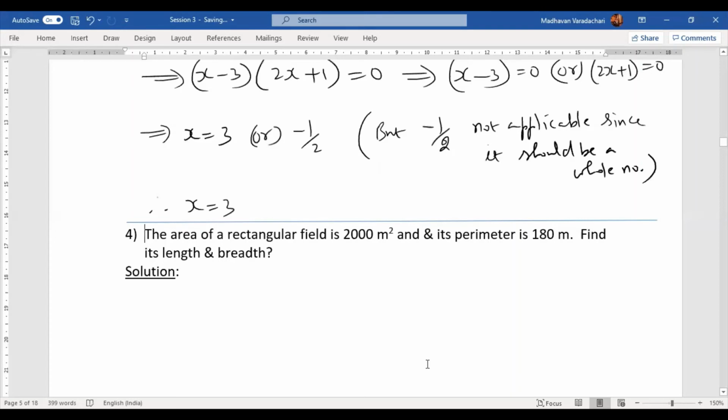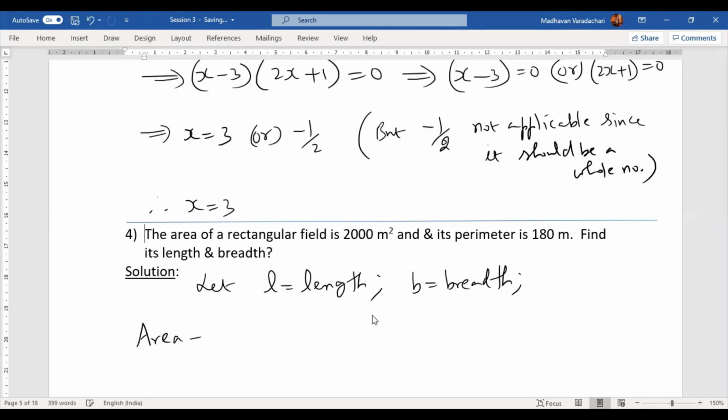Find its length and breadth. So first of all, let L equal to length, B equal to breadth. Okay, first step. Now, what is area of a rectangle? Let me call it as A, is L multiplied by B, and that is given as 2000.